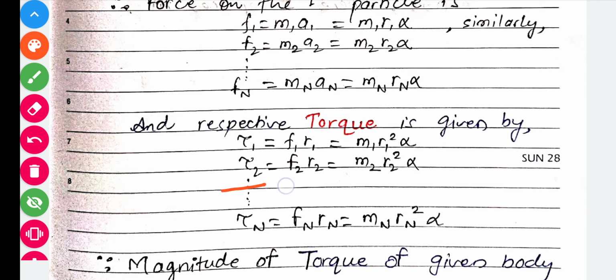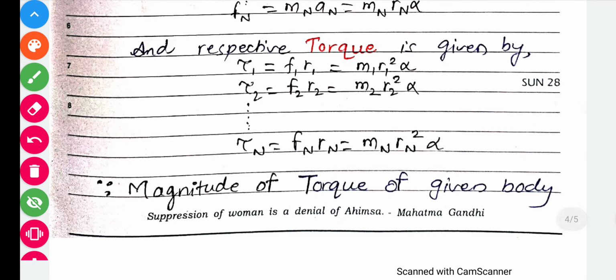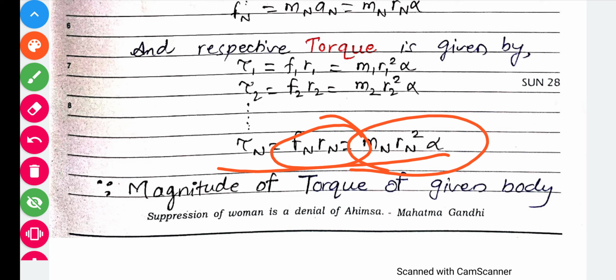Torque 2 is F2 r2, that is m2 r2 square alpha. In place of F2 we write m2 r2 alpha, so r2 times r2 gets multiplied and becomes r2 square. Similarly for the nth particle we will write torque n equals Fn rn, that is mn rn square alpha.